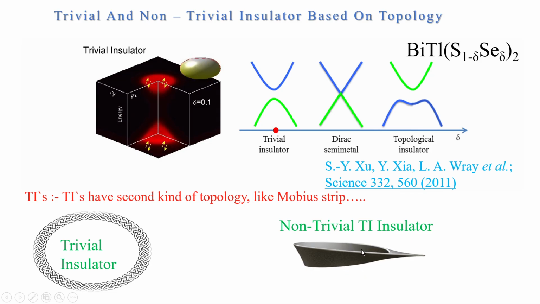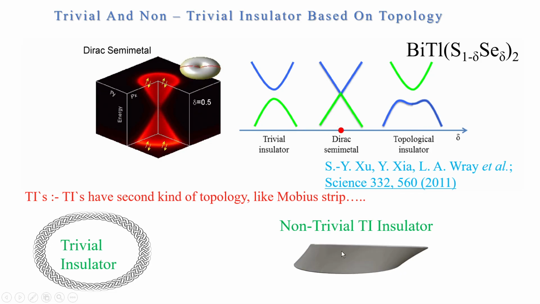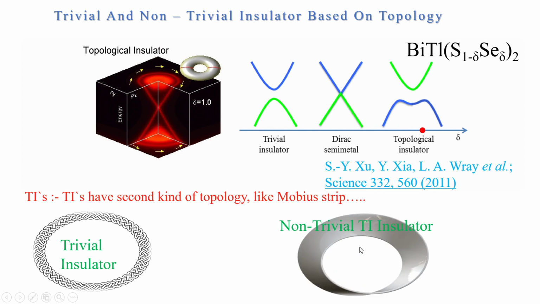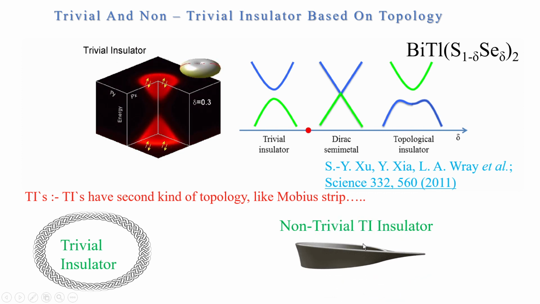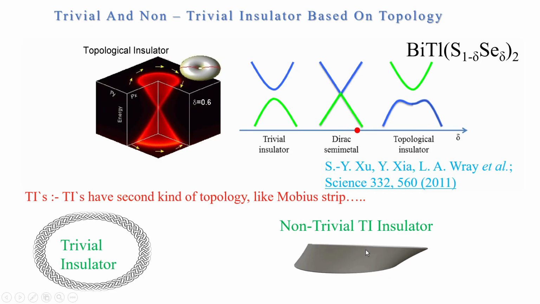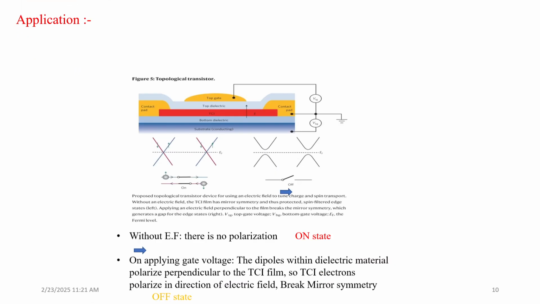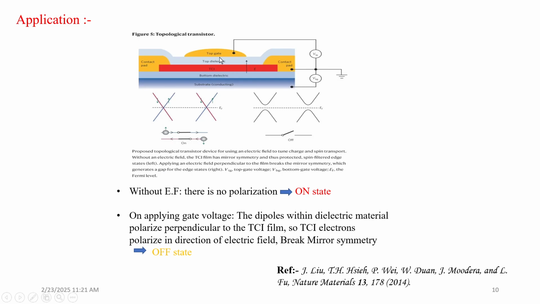There are continuous deformations in the bands, and in the bulk there is a band gap, but at the surface it is conducting with very rapid electrons. Application of the topological crystalline insulators without applying the external electric field: there is no polarization of the dielectric materials of the spins of the TCI materials, and this is the on state.